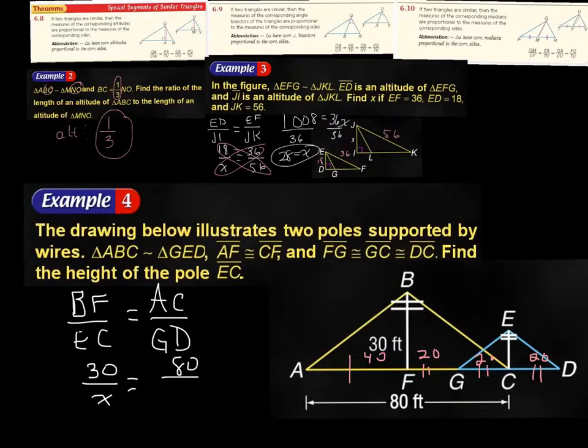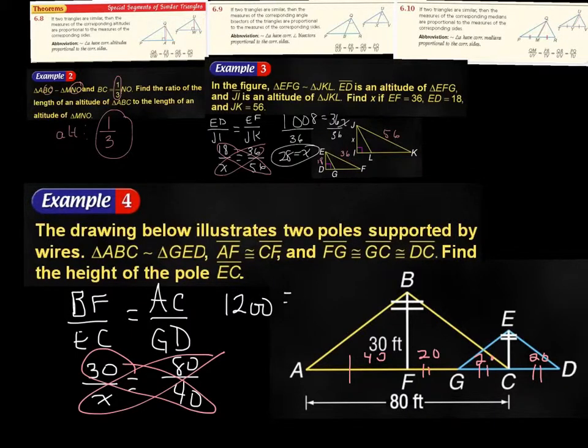And GD would be 20 plus 20, which is 40. Do our friendly cross products again. So we have 1200 equals 80x. Divide by 80, and x is 15, which some of you probably eyeballed and said, hey, 40 is half of 80, so our answer has to be half of 30. Yeah, you're right.